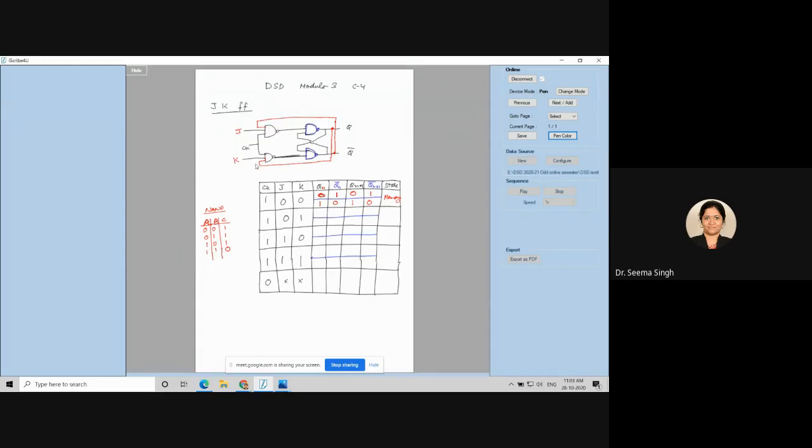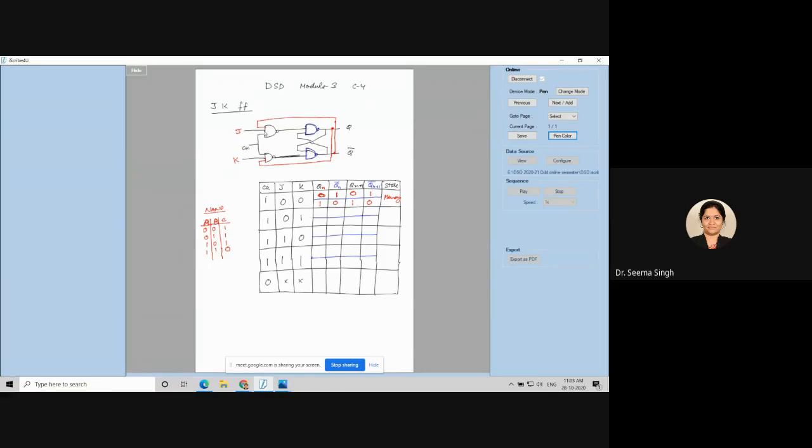And if K is 1, clock is 1, and your feedback is 1, it will depend on the feedback. But let us bother about the first NAND gate only as of now.